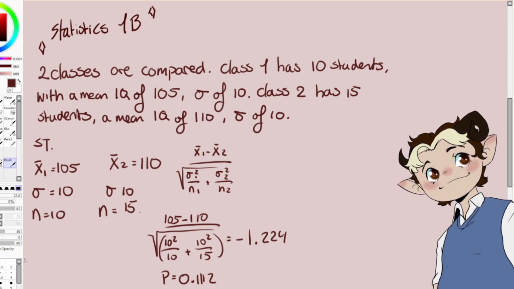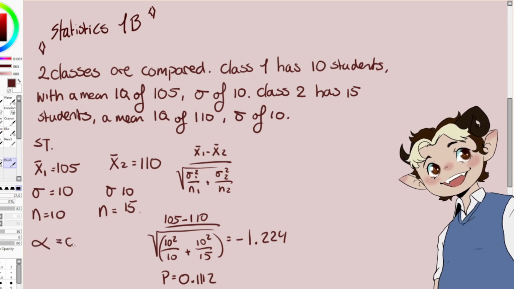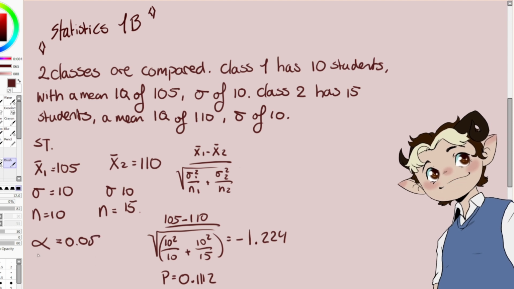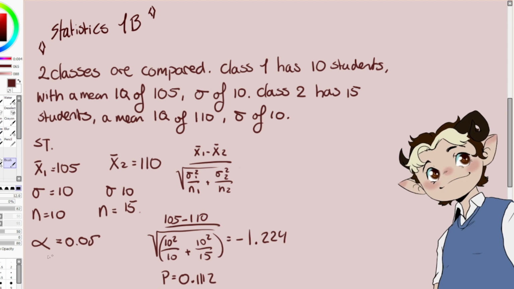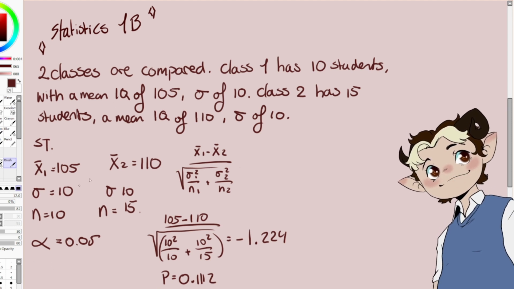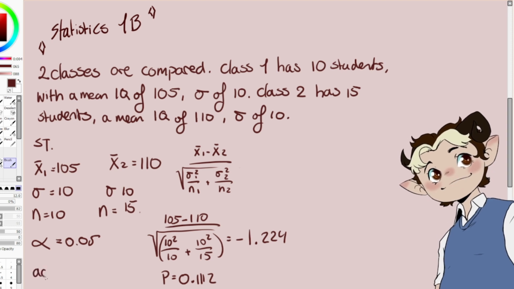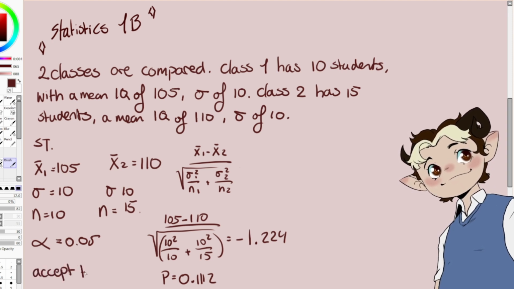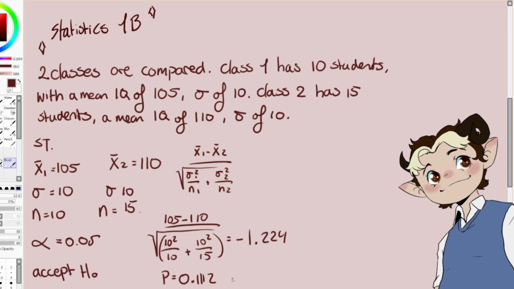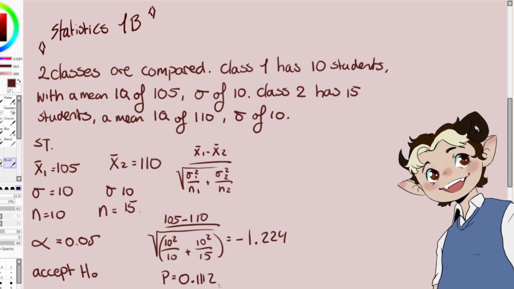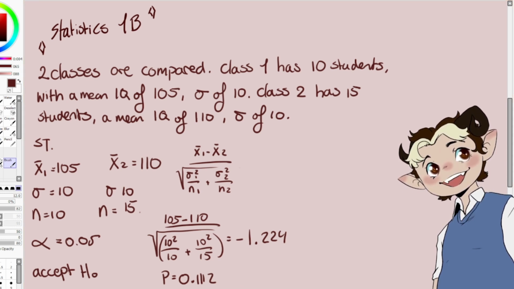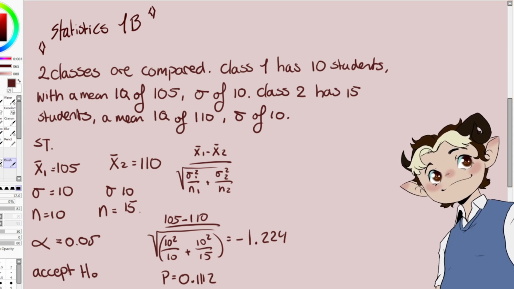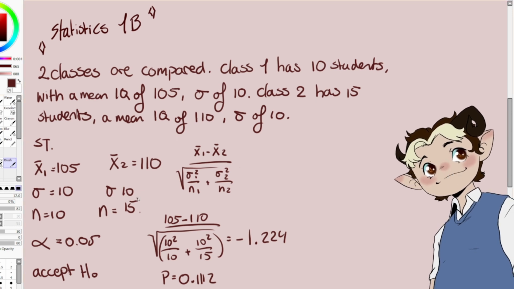If we compare that to our usual alpha of 0.05, our p-score is bigger than our alpha. Therefore, we fail to reject the null. We basically say that yes, there is very little difference between the two groups. Therefore, we accept that the true population mean between the two is probably the same. They're probably from the same population.